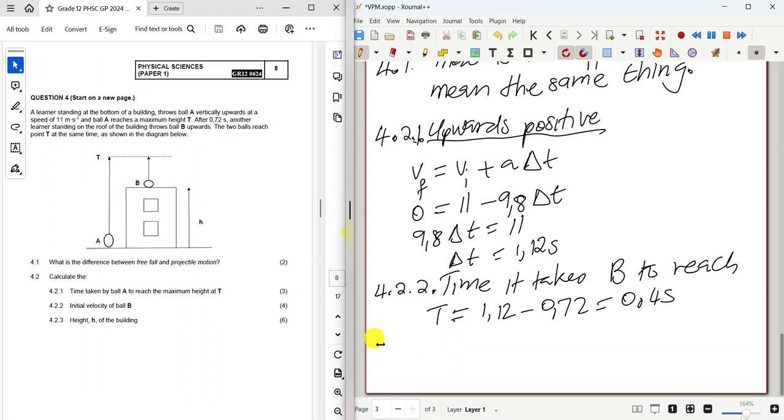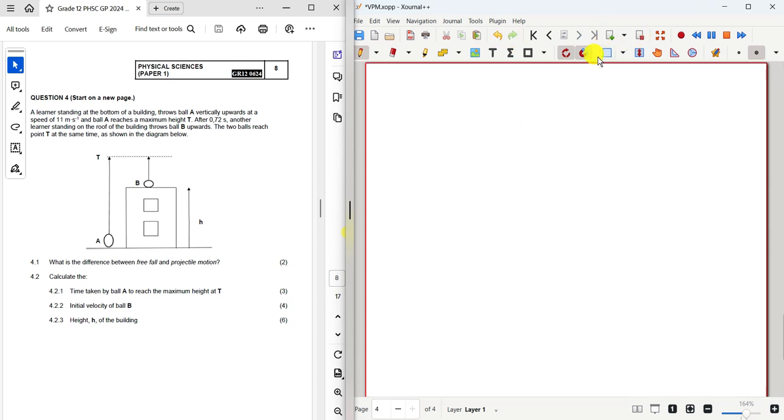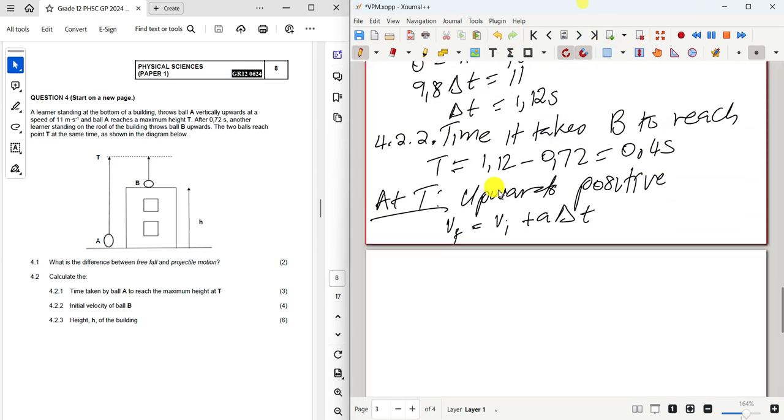Now at T, I will say upwards is positive. We will use the formula: final velocity, the velocity at point T, equals initial velocity plus A delta T. We know the velocity at point T is 0.